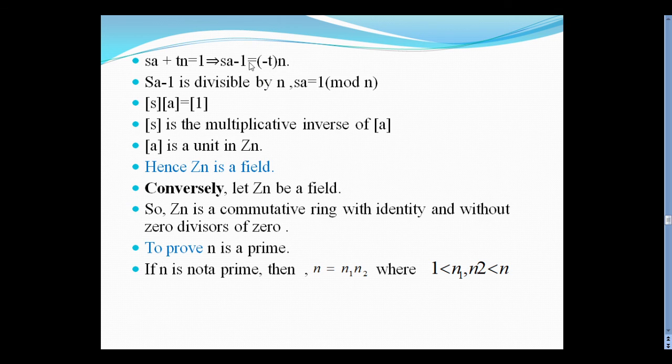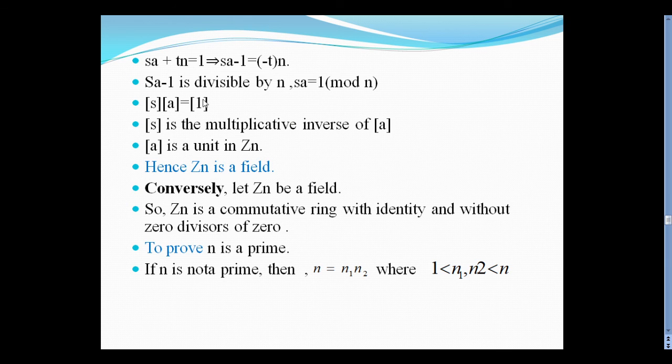It's like 12 is equal to 3 into 4, which means 12 is divisible by 3. Likewise sa minus 1 is divisible by n. So by using the modulo formula, I can write sa is equal to 1 modulo n, which is nothing but s into a is equal to 1.